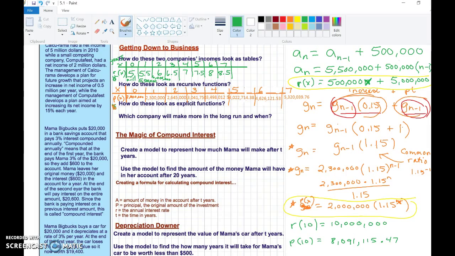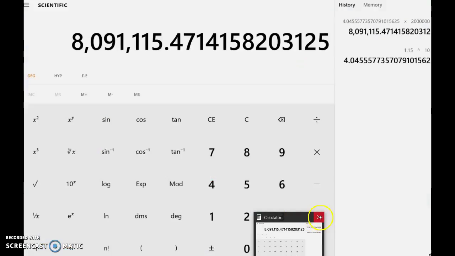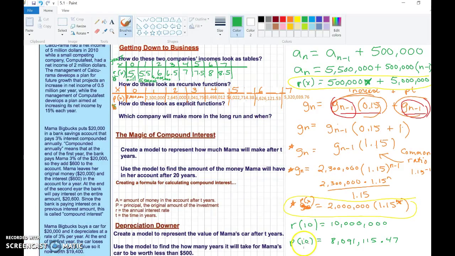Okay, so what did you come up with? Well, when I did it, I used this formula, and I did 500,000 times 10, and then I added 5 million, and I got $10 million. Then I took P of 10, and I put in 1.15 to the 10th power, and I got 4.0 something or other, and then I multiplied that by 2 million, and I got $91,115.47.